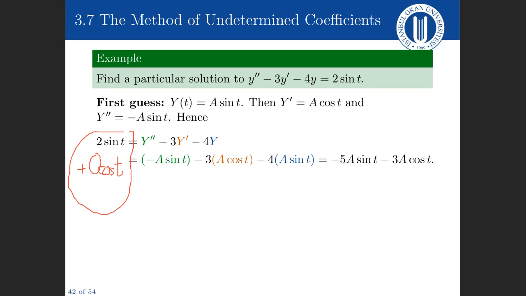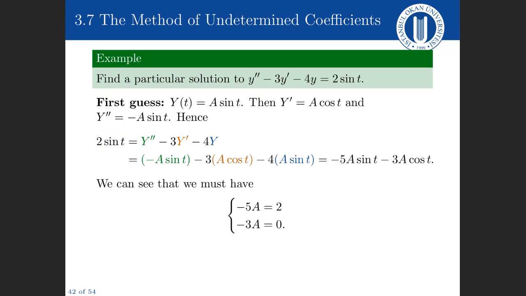So on the right-hand side, minus 5A must be the same as 2, and minus 3A must be the same as 0. So for this to work, we must be able to solve the linear system minus 5A is equal to 2, minus 3A is equal to 0.